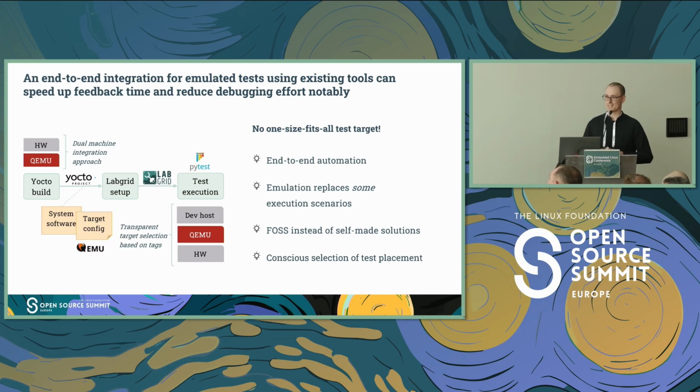What I would like to emphasize here already is that the conscious selection of tests is, I think, one of the major levers I found while preparing the proof of concept, and is pretty much independent of this emulation topic. What can that bring?